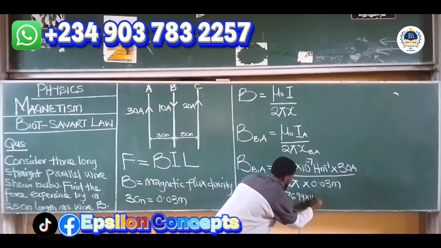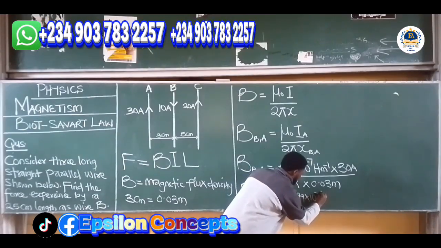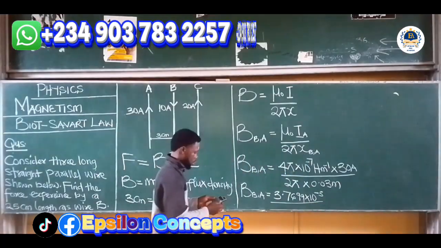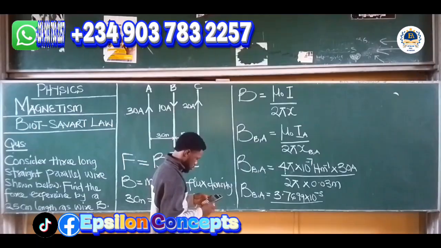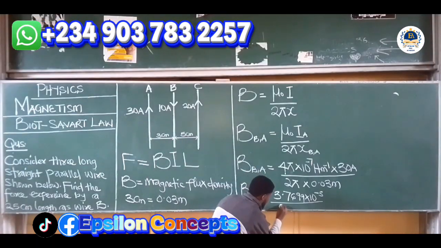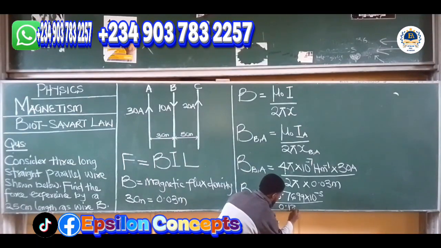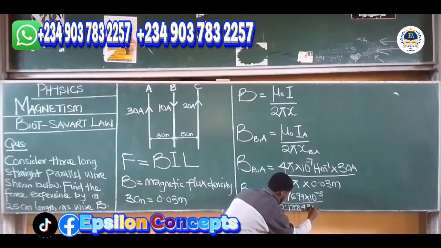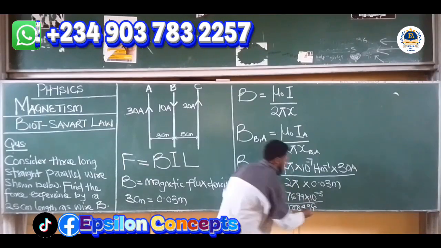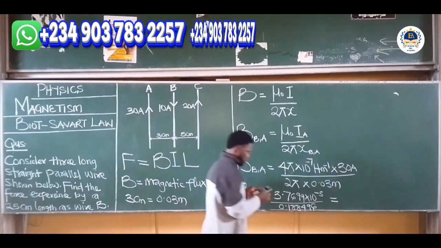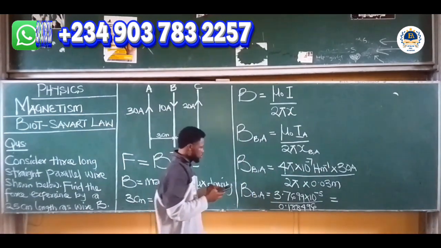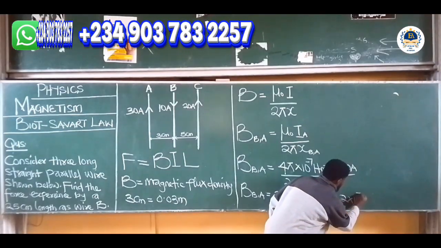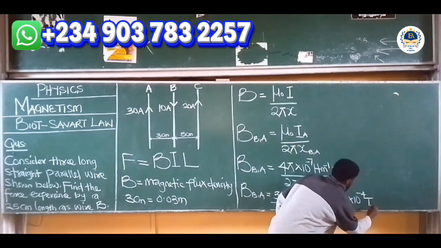3.7699 times 10 raised to the power of minus 5 divided by 0.188496, and this will equal 2 times 10 raised to the power of minus 4 Tesla.